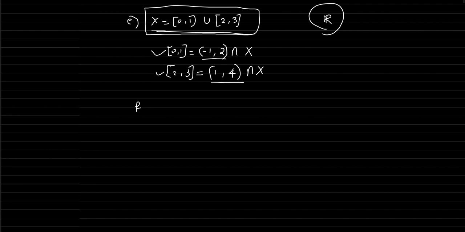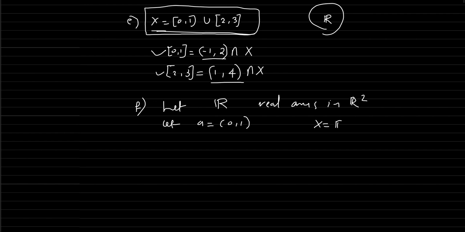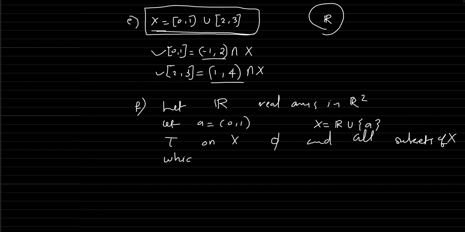And the last example, let R be the real axis in R², and let a be the point (0, 1) in R², and consider the set X equal to R union the singleton {a}, and consider a topology τ on X which consists of phi and all subsets of X which contain a.